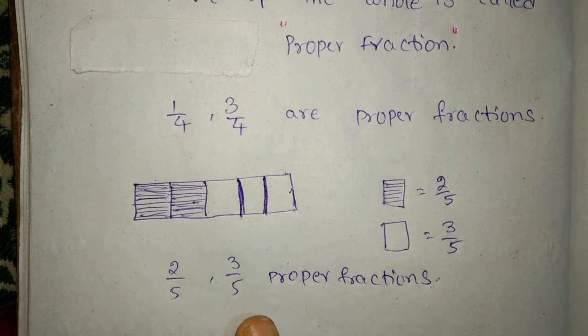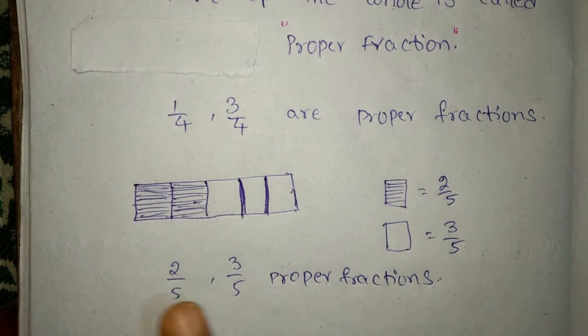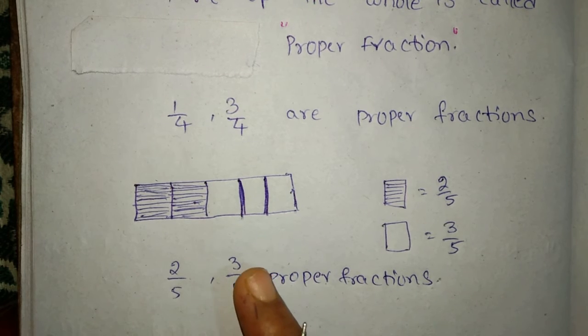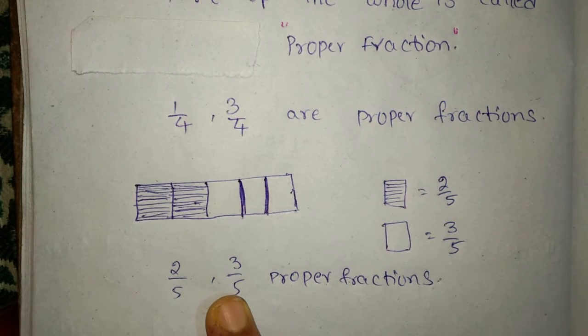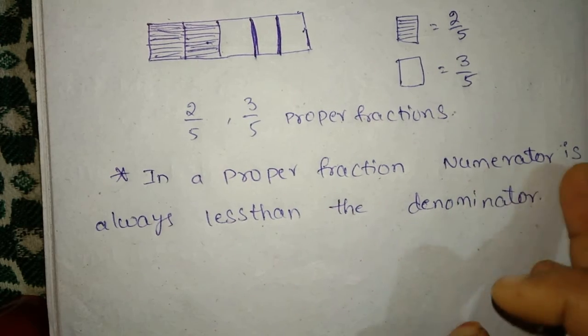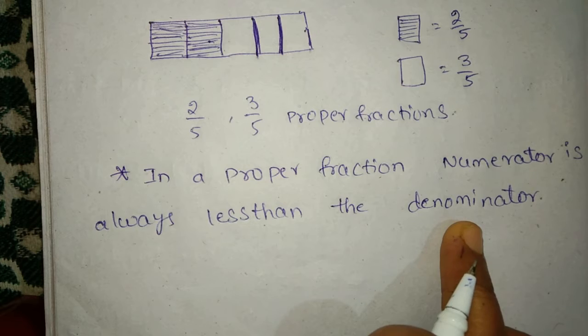If you observe any proper fraction, the numerator is less than the denominator. In a proper fraction, the numerator is always less than the denominator.